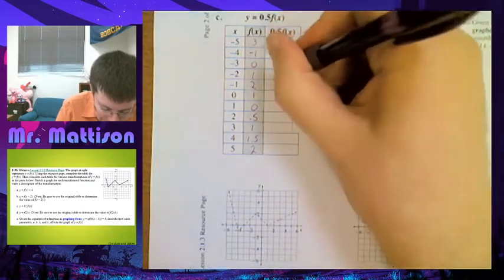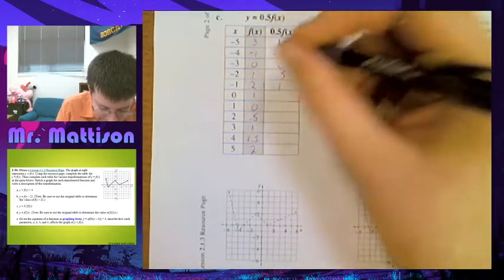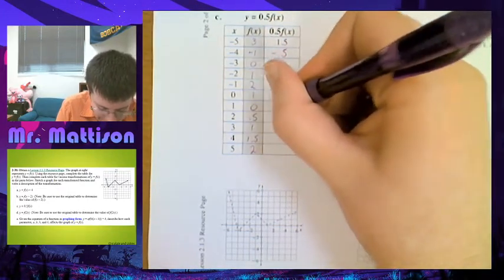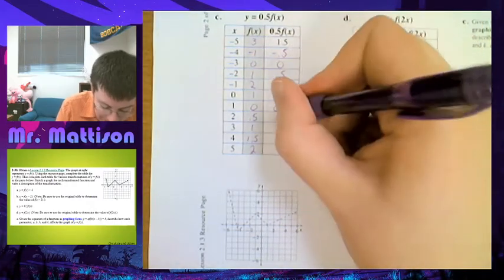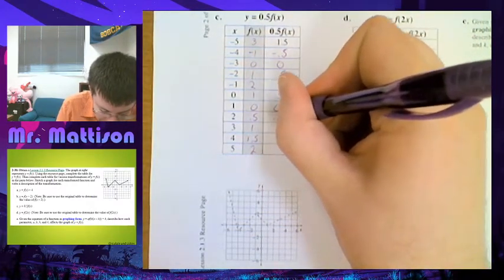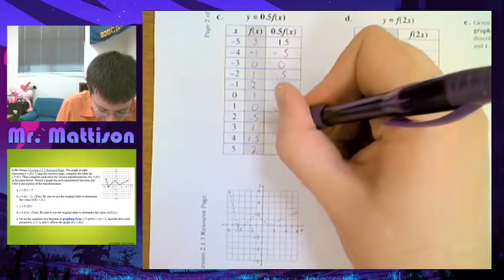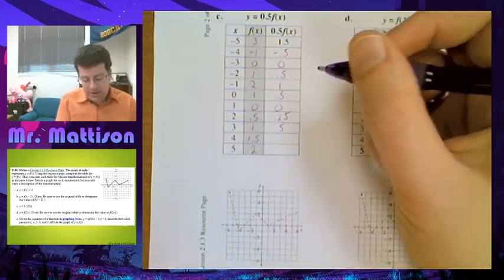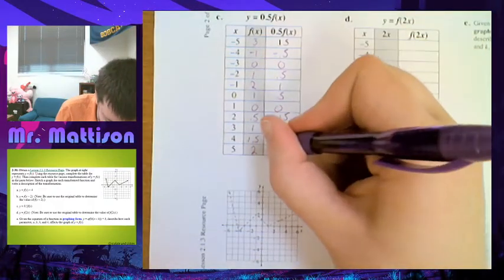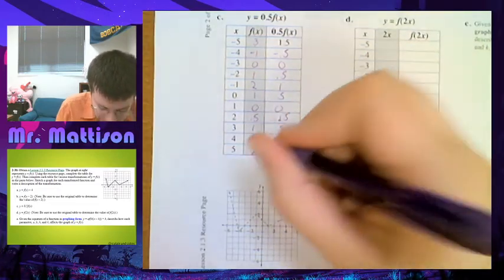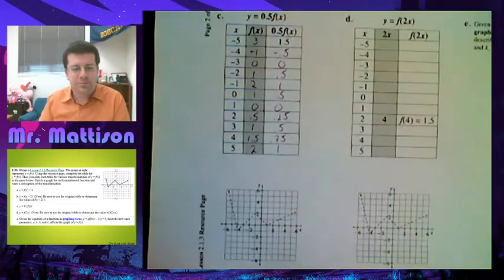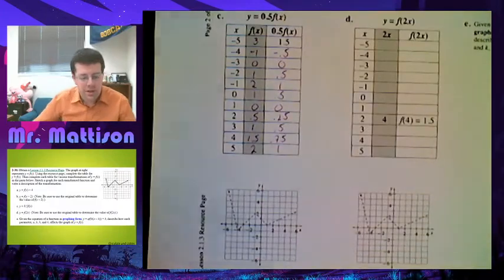Half of 1 is going to be 0.5. Half of 2 is 1. Half of 1 is 0.5. Half of 0 stays 0. Half of a half is a fourth, or 0.25. Half of 1 is a half. Half of 1.5 is 3 halves, or 0.75. Half of 2 is 1. So that's what I got for those.